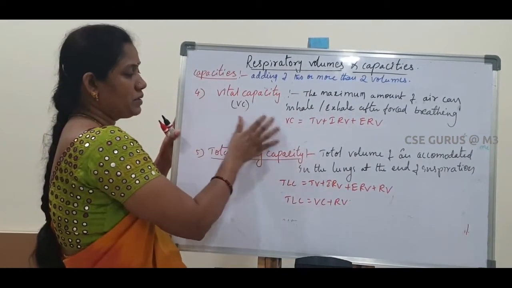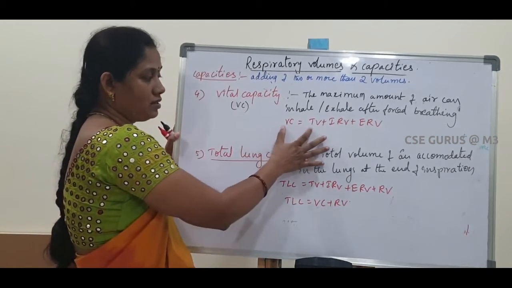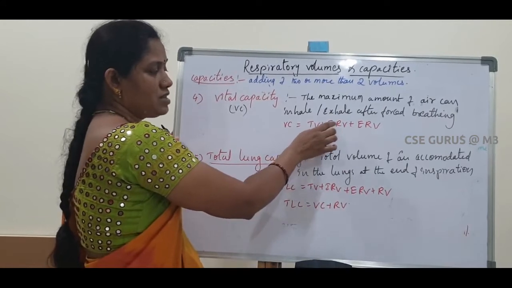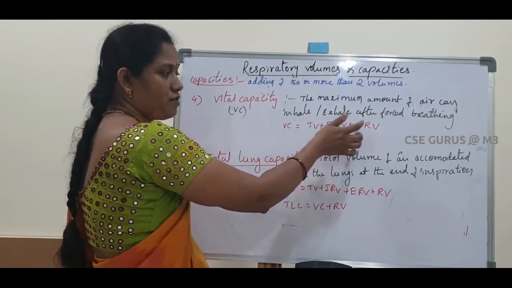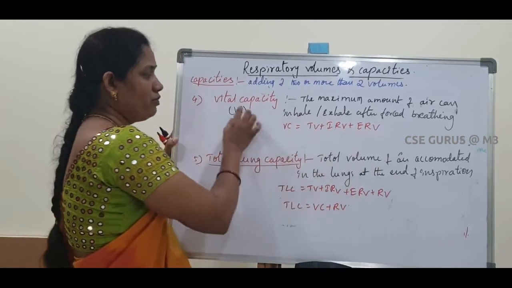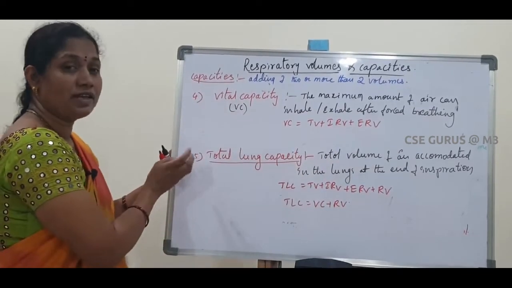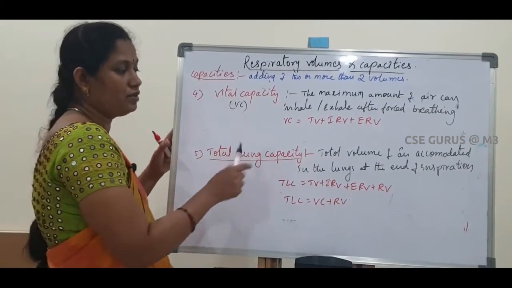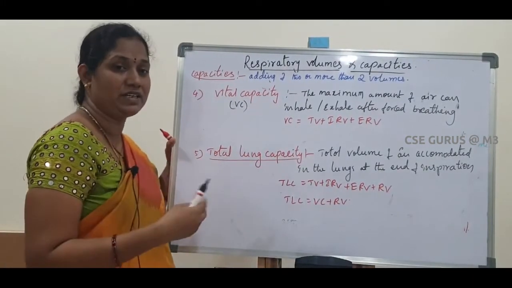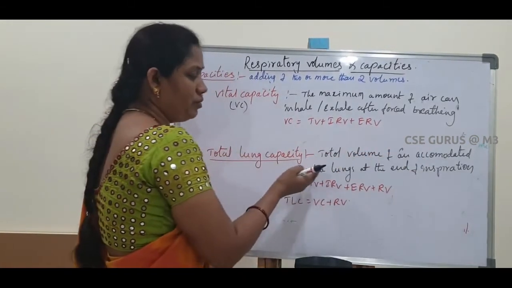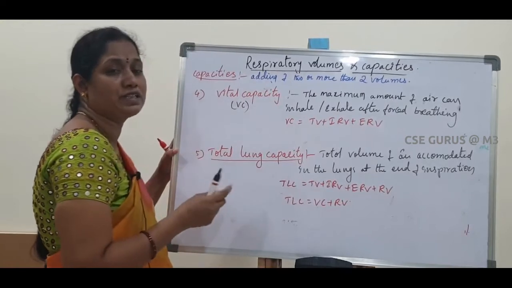So vital capacity, VC, is equal to TV, tidal volume, plus IRV, inspiratory reserve volume, plus ERV, expiratory reserve volume. These three together form vital capacity. Next, total lung capacity means the total volume of air accommodated in the lungs at the end of inspiration.